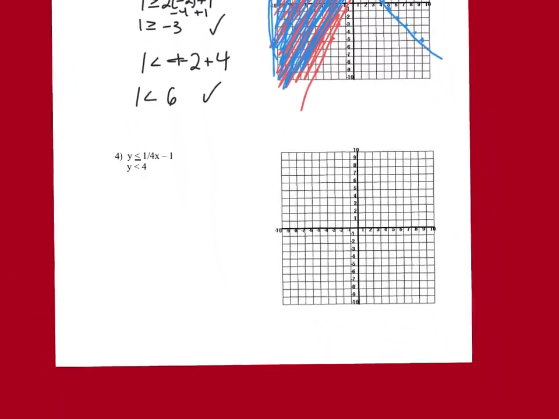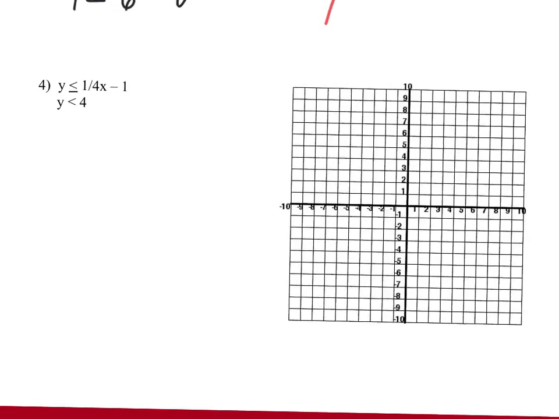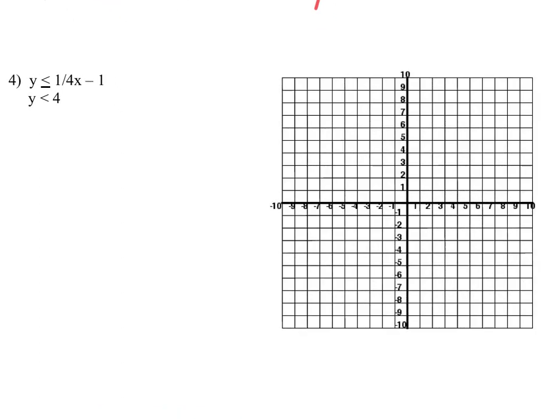Okay. Now number 4. How would I start this? The b value is good. And the slope? Up 1/4. We are pros at graphing lines now, aren't we?